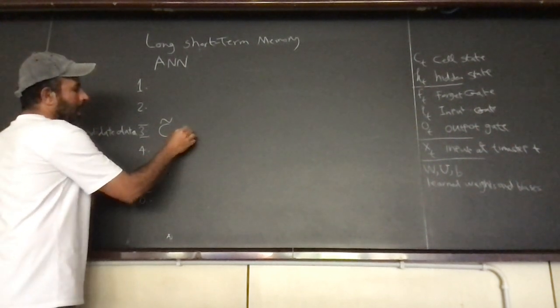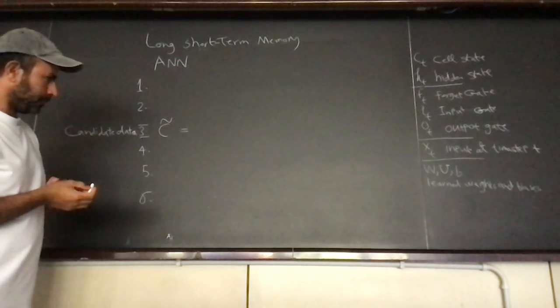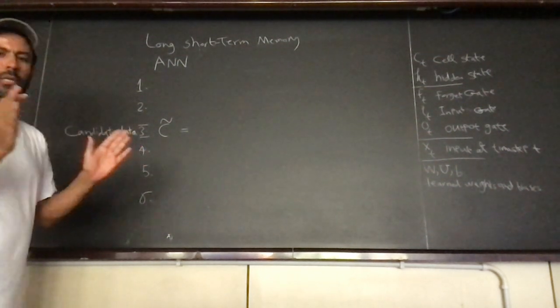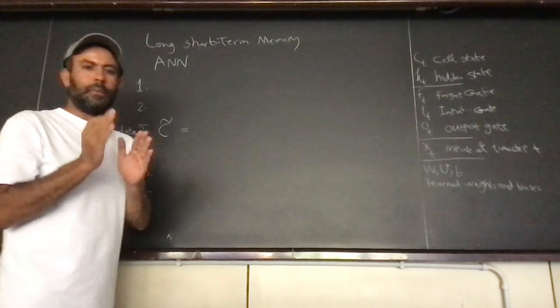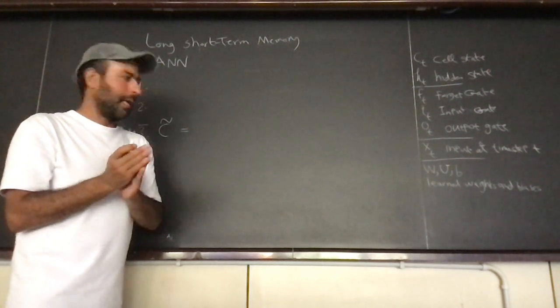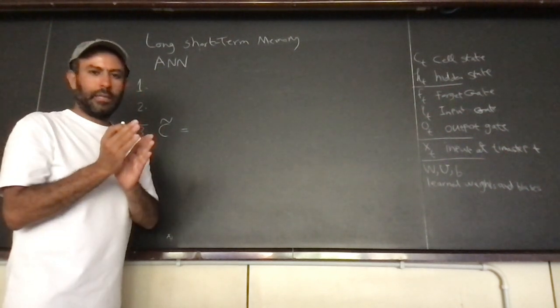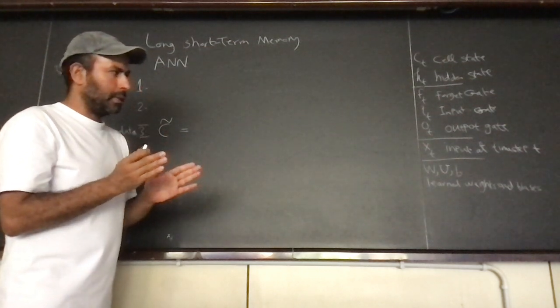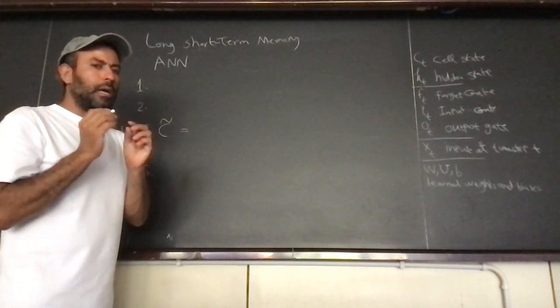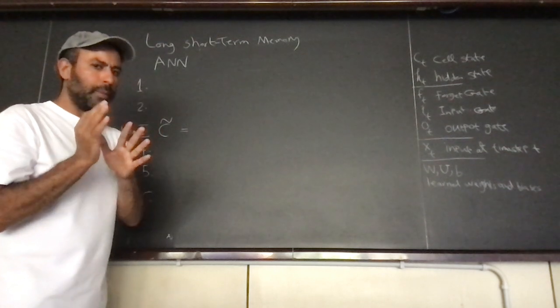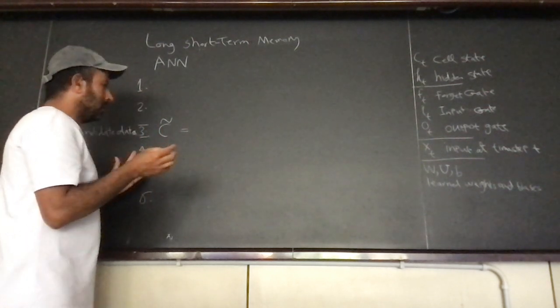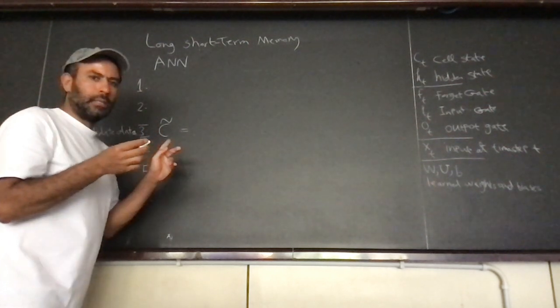It's an equation. It's just a linear transformation of the input data as well as the hidden state, which represents the short-term memory. What does it consist of?